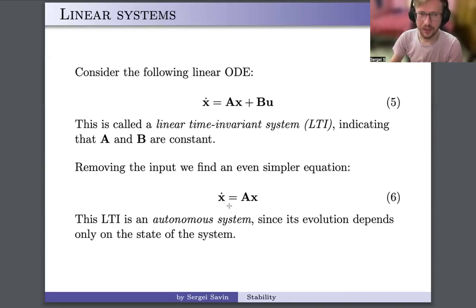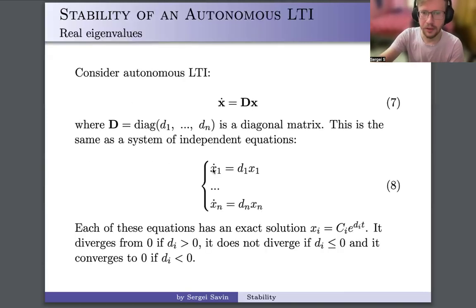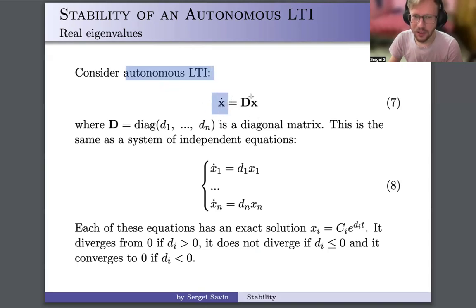Okay, let's move forward. So let us consider the following autonomous LTI, an autonomous linear time invariant system: x dot equals D times x, where D is a diagonal matrix.